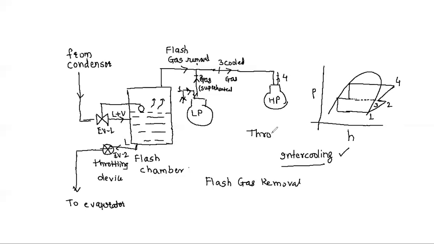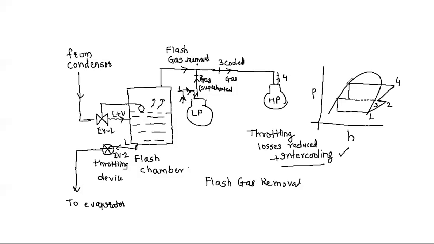So let me write down these words, throttling losses, and explain this a bit. These throttling losses are reduced because of the arrangement which is shown here. What is the arrangement? We are using two expansion valves, we are throttling in two stages, and the flash gases are removed by this arrangement.